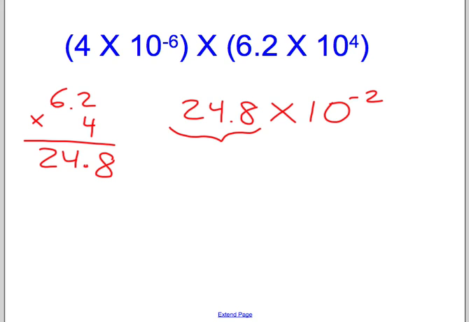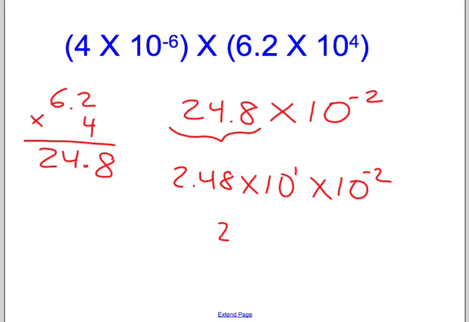Is the number bigger than 1? Yes, so we're going to have a positive exponent. We're going to rewrite it as 2.48 times 10 to the positive first, since it's greater than 1. How many decimal places did we move it? 1. And then I can bring down the times 10 to the negative second. So 2.48 times 10 to the negative first.